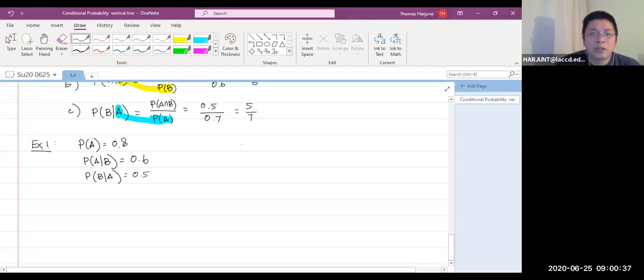And the question is, first one, the hardest one, find the probability of the intersection. This is considered a hard problem because for you to even do the first step, you need to know what to do. The key has something to do with the formulas for A given B and B given A. You write down those two formulas first and see which you can use.